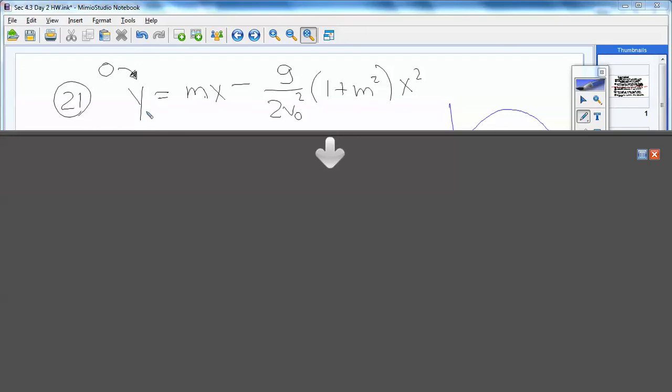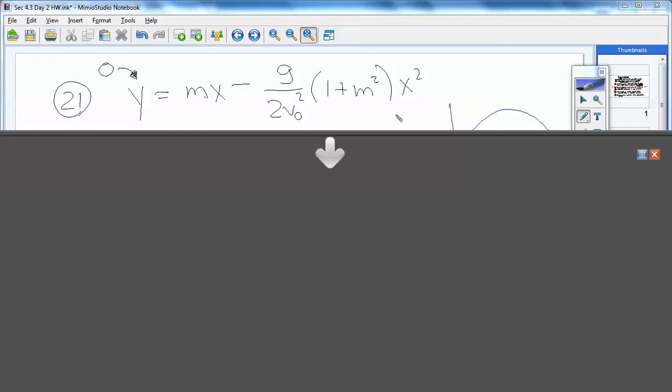And we want to solve for what? What was R again, Caleb? R was the horizontal distance. What's the horizontal distance in this problem? X. So the R is the X from this equation. We're going to put a 0 in for Y, which is when it hits the ground, and then solve for X, because we want an equation for the horizontal distance.